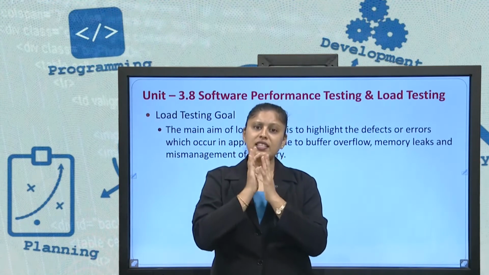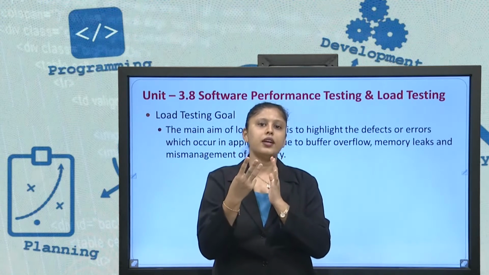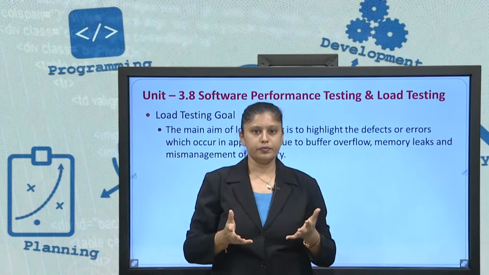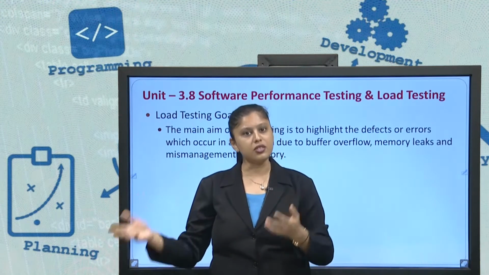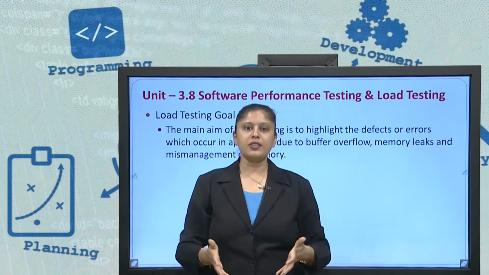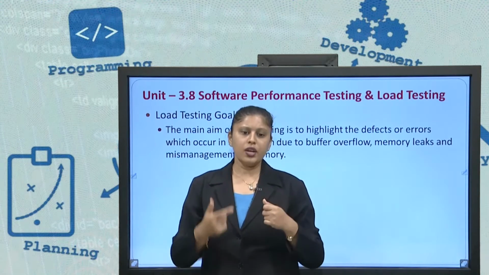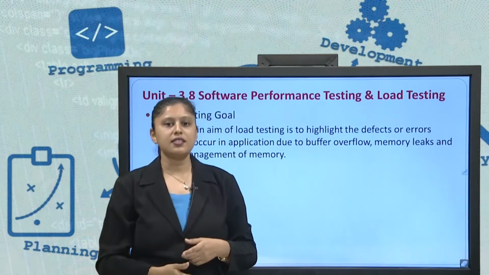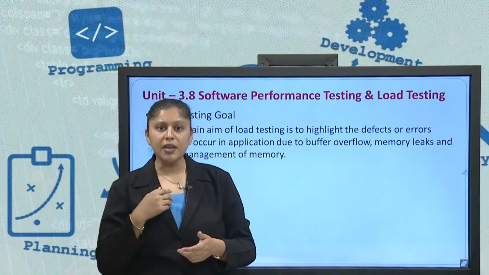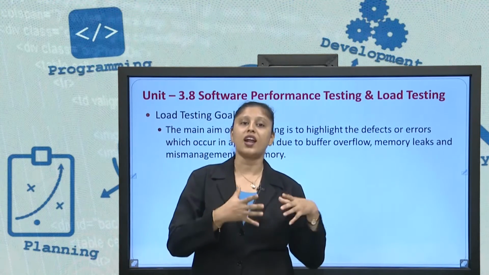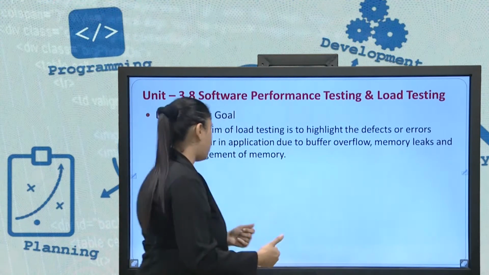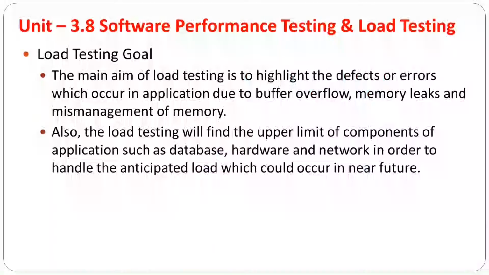But if I increase it to 300, then it is overflow. I cannot accommodate 300 people into the capacity of 100 people, right. So in that case, load testing is very helpful to make me understand what the defects or errors are inside my software. Then load testing will find the upper limit of components of the application such as the database.